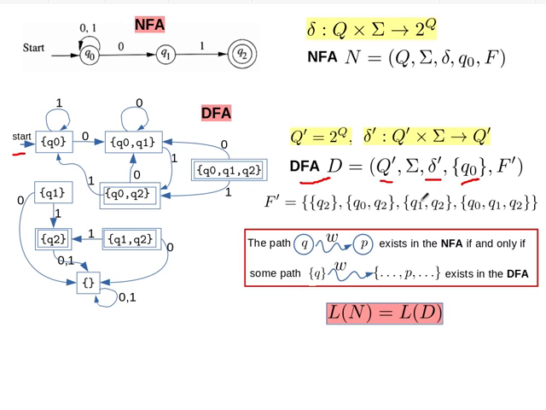And now, how can we define the set of final states? You see that this DFA kind of emulates or simulates this NFA, right? Now if we want to ensure that whatever string is accepted here is also accepted here, then what do we need to do? So what was the acceptance condition for the NFA?